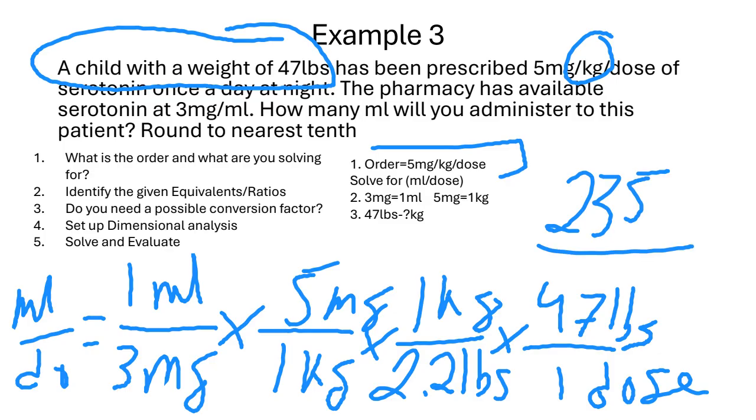Now, divided by the bottom, every time that you use the division, you're going to cancel 1 unit. I'll show you the math right now. So 235, you will divide it by the 2.2 pounds, and then you will divide that by the 3 milligrams. And that will give you 35.6.